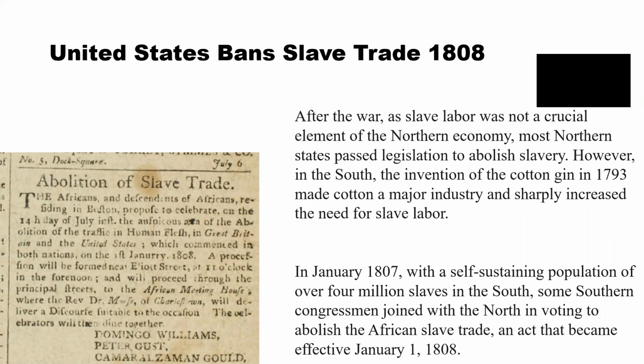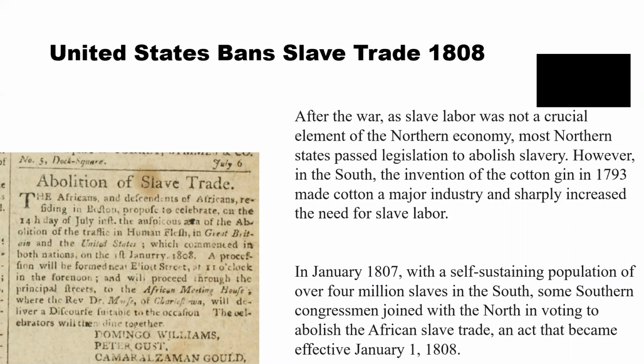So now let's talk about the end of the slave trade. The United States banned the slave trade in 1808. After the Revolution, the northern economy was not dependent on slave labor anymore. It was more of a manufacturing region.